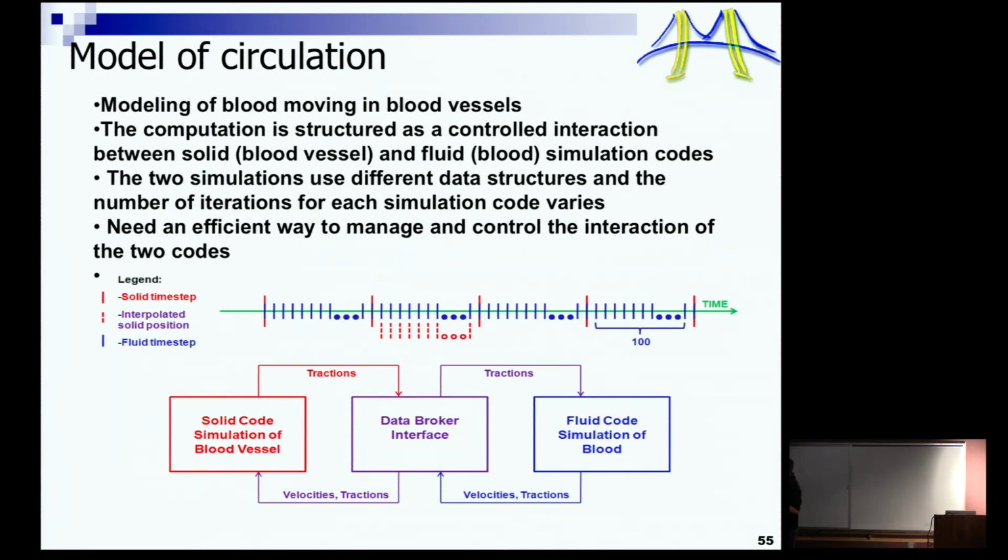These were developed pretty much independently, and they had to build an interface between the two. The interface had its own set of concerns, such as the fact that the two simulations were running at different time steps, and other domain-specific concerns.